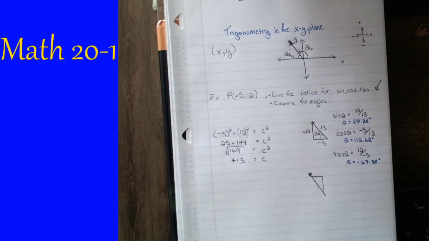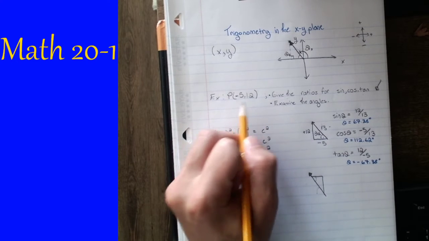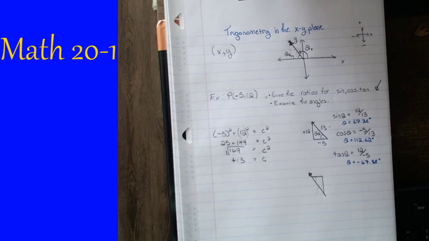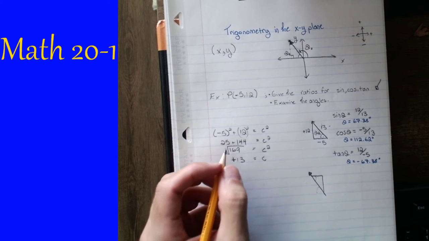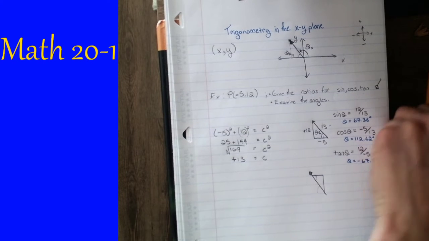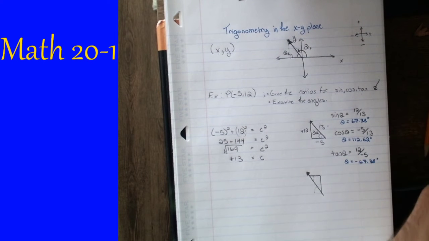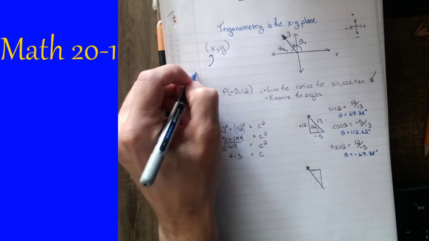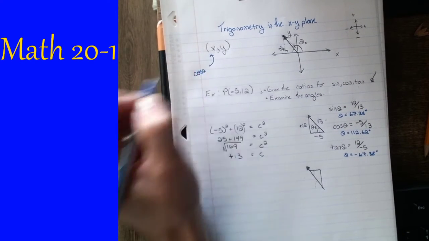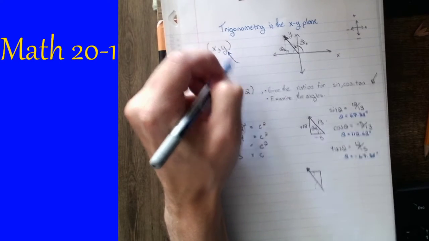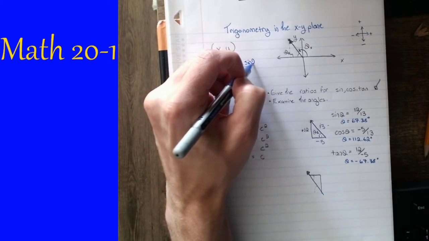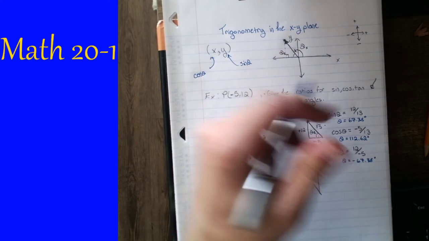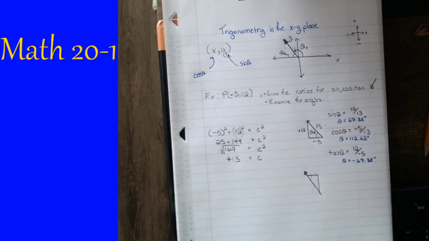So I always just say go over first, then up, or do your X, then your Y, and so then you can always make the claim that the X coordinate is always related to the cosine of the angle, and the Y coordinate is always related to the sine of the angle. This will always be the case.